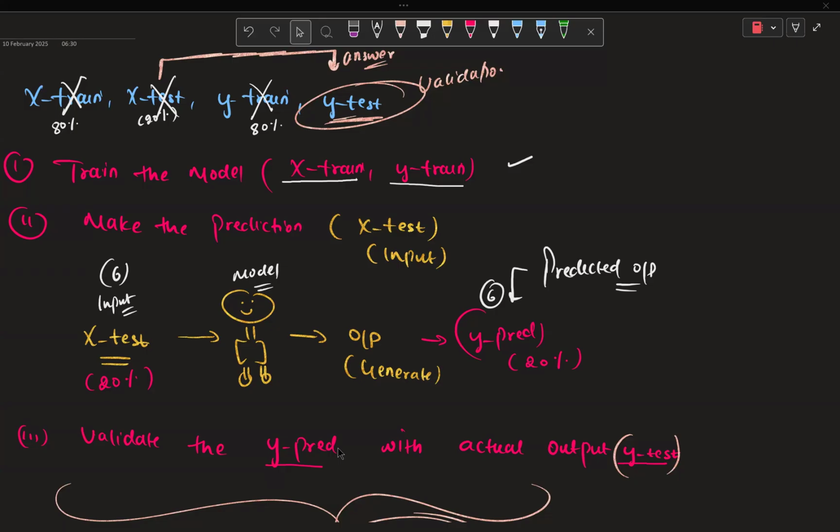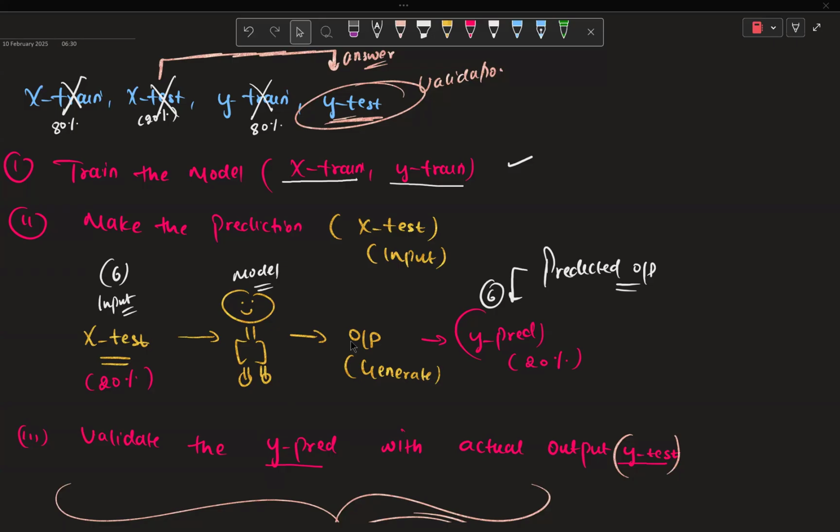You need to validate whether the output is correct or not, by considering it as Y prediction, which will be validated against Y test. That's it. Okay, Abrar? So 80% we are getting the result when training the machine, and the remaining 20% is for the new prediction. Yes, correct. Okay. Thank you, Dinesh.